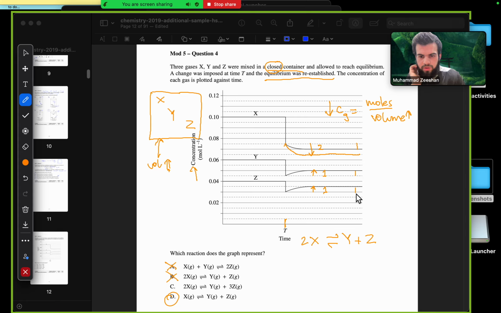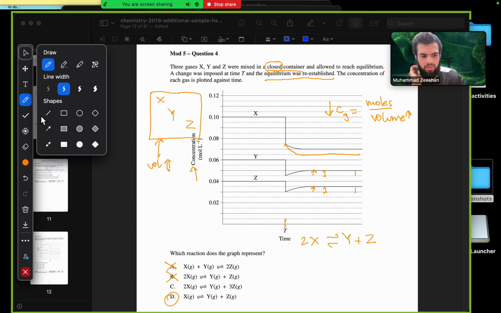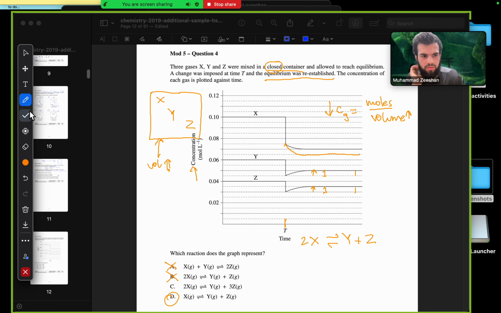The only thing I'm wondering is, would it be that? Or would it be this? If the reaction was that, would it be half to 1-to-1?